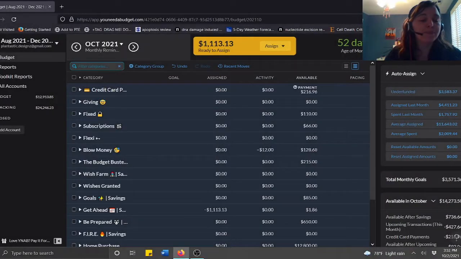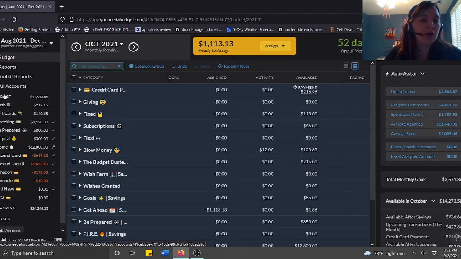So first, over here, you have two different kinds of accounts: what's on your budget, and then other accounts that you are just keeping track of that are not included in your budget. The accounts that are included in my budget right now are all of these accounts right here. First we have cash, and then any gift cards that I currently have, and my checking account.